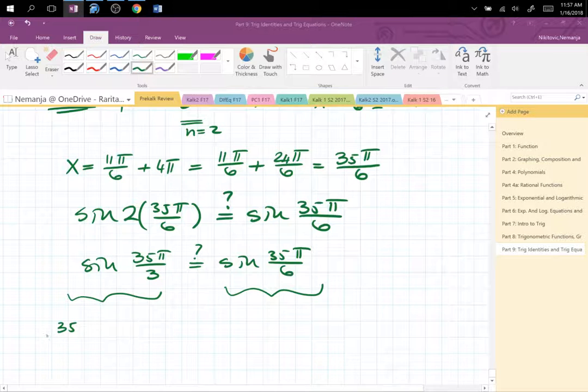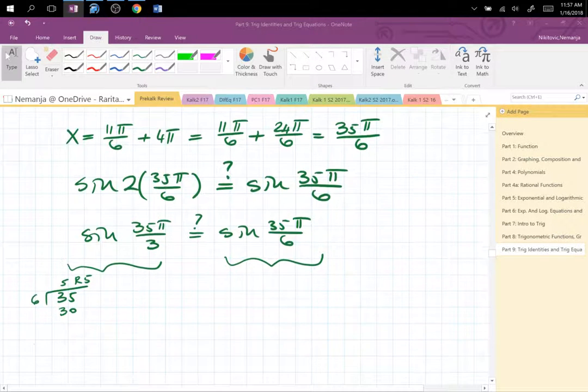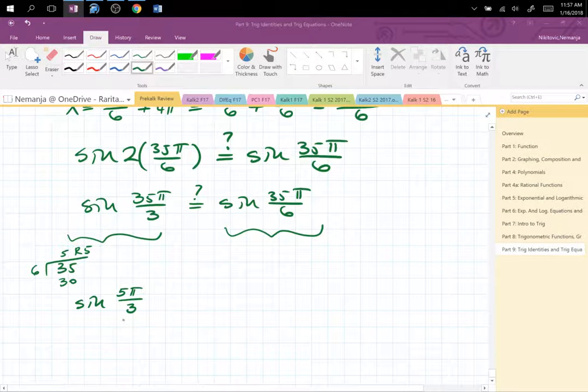So 35 divided by 6 is 5, that's 30, the remainder is 5. So this is the same as sine of 5 pi over 3. And 5 pi over 3 is here, so it's a negative answer. Sine of 5 pi over 3 is negative root 3 over 2.